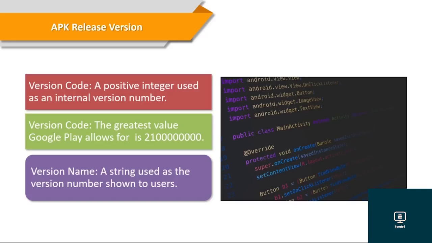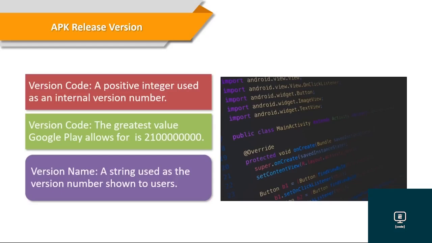For example, if you define this value as 1 the first time you publish it, you will have to define at least 2 when you update your application. Every update, you will need to increase this number. If you give a smaller value to the update, Google Play will not accept your application as an updated version. So version code is exactly as stated, for Google Play.